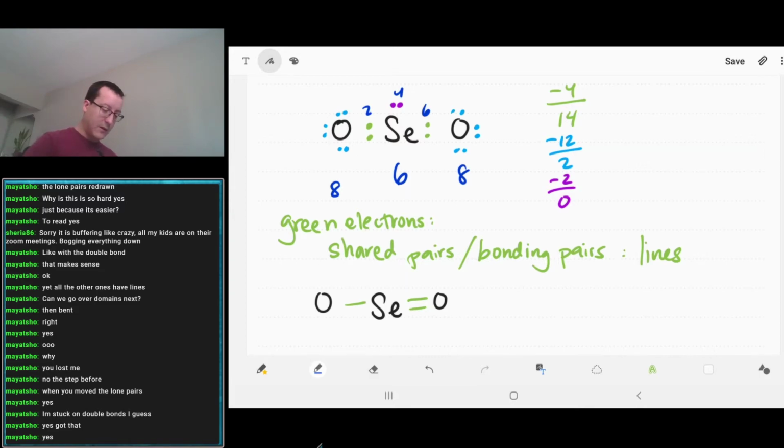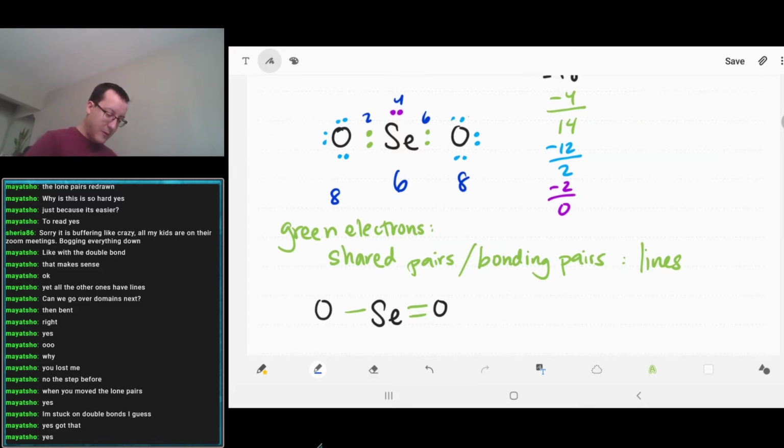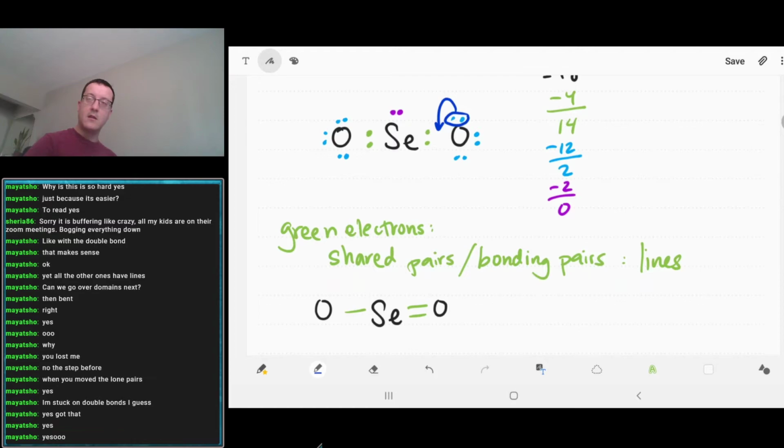So we are going to move a pair of electrons to make a double bond. That's why we're moving them. Does that make sense?